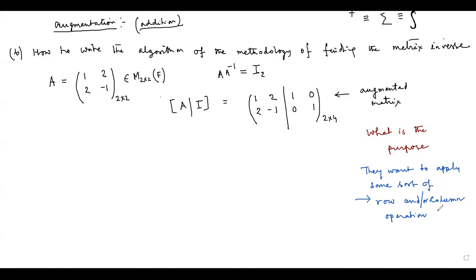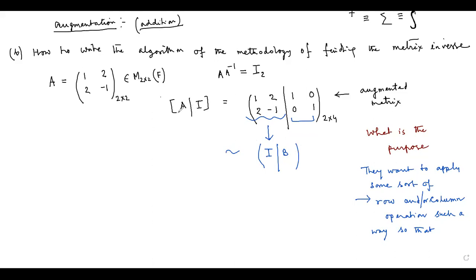Such a way that in this particular place, the identity matrix I comes, and in this particular place, another matrix B comes. This is the equivalent sign, because these two matrices will be characteristically equivalent.